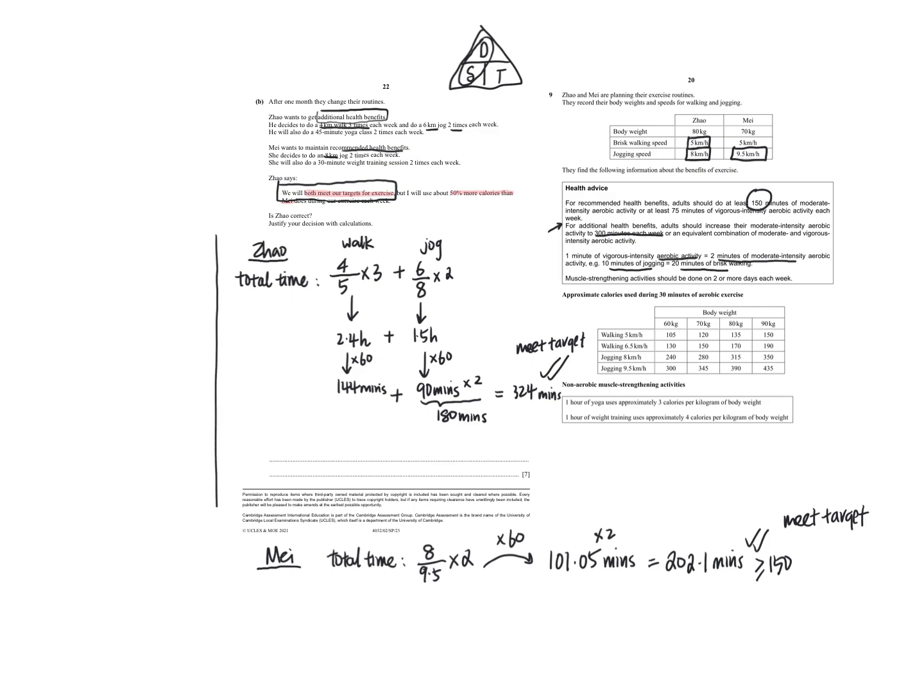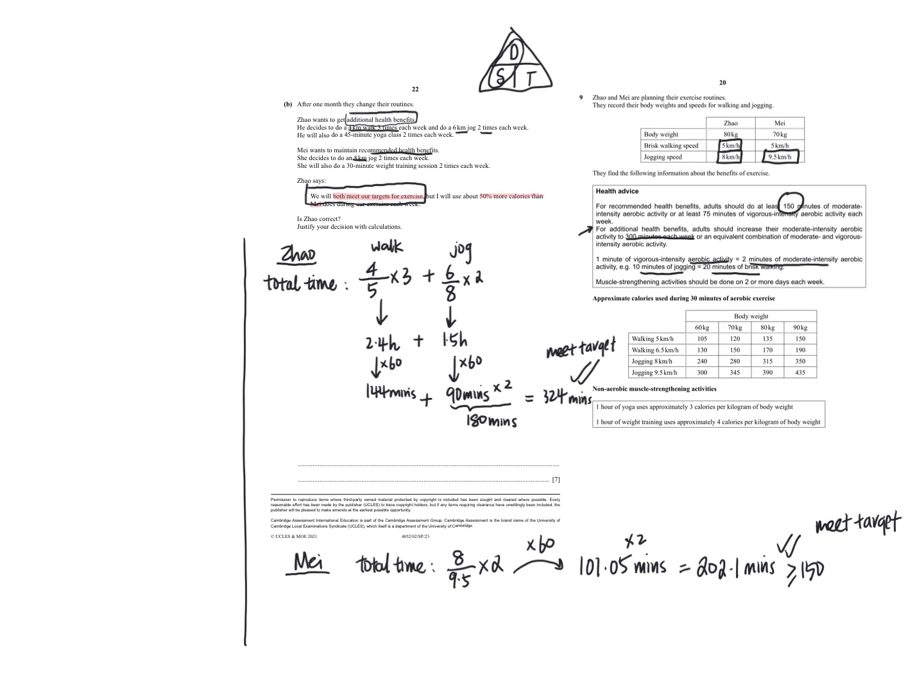So now I'm going to calculate Zhao's calories. So calories, how to calculate? For walking, every 30 minutes she will burn 135 calories for every 30 minutes of walking at 5 kilometers per hour.